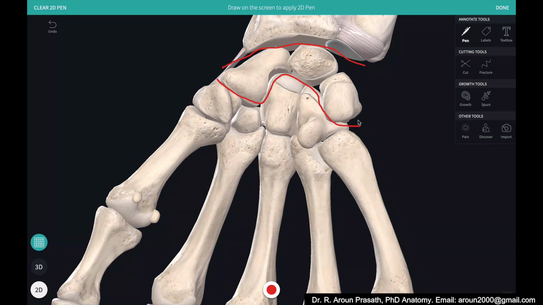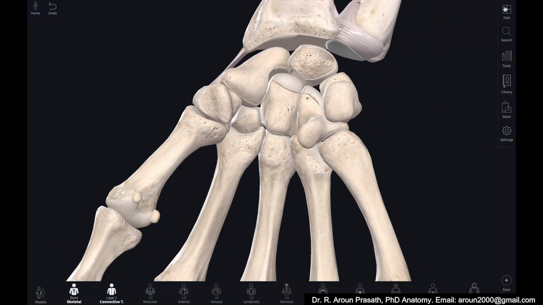These are the metacarpal bones, one, two, three, four, five, and this is the distal row of the carpals. So this is the carpometacarpal joint line. So these are the joint lines: radiocarpal, intercarpal, and carpometacarpal.